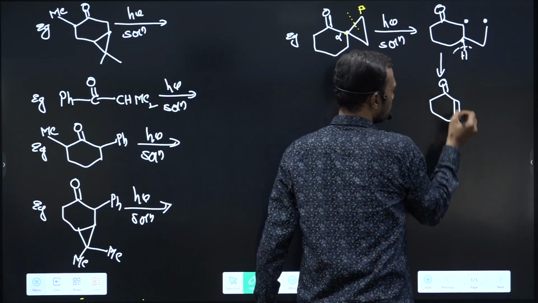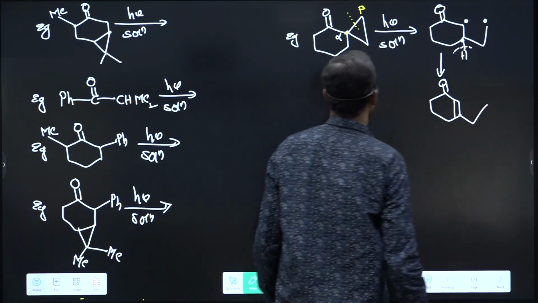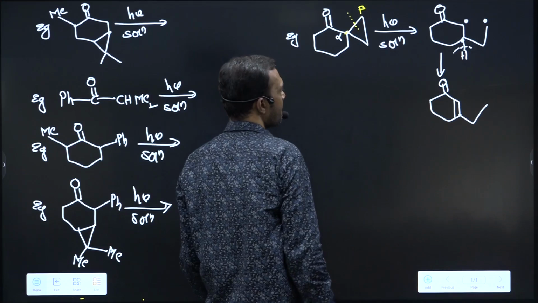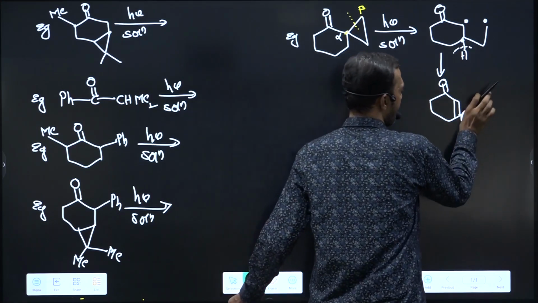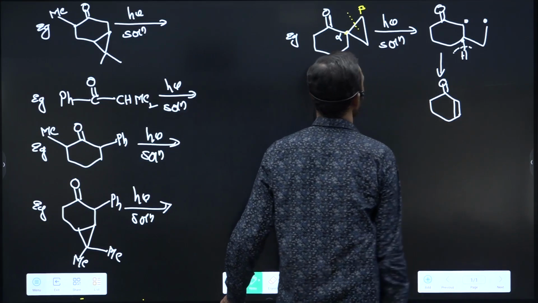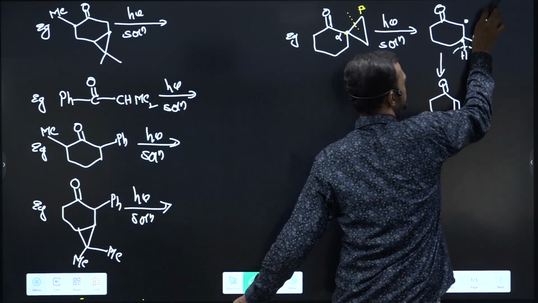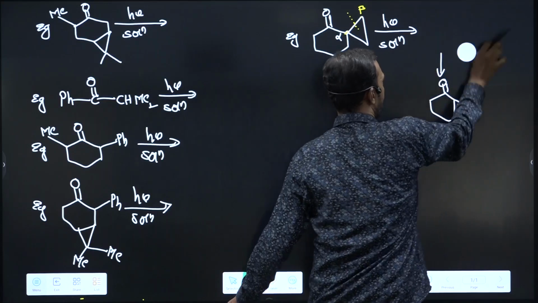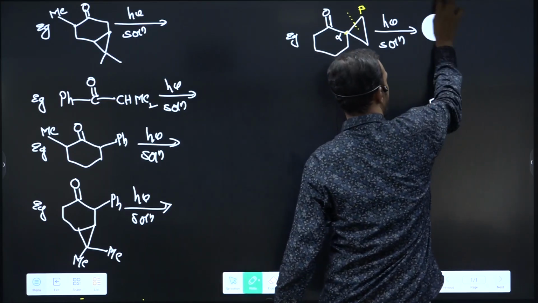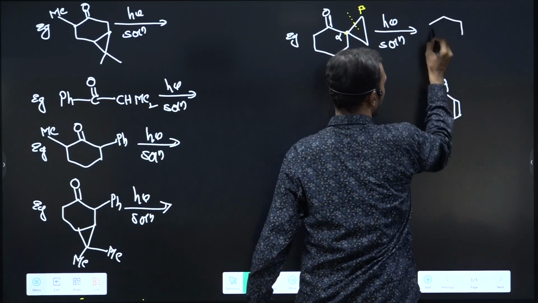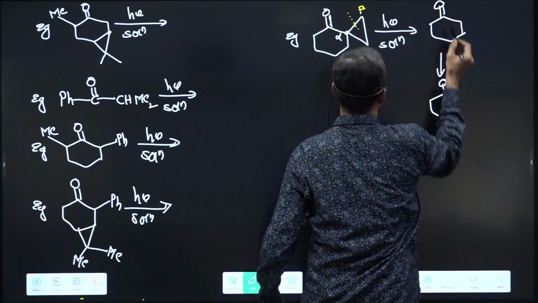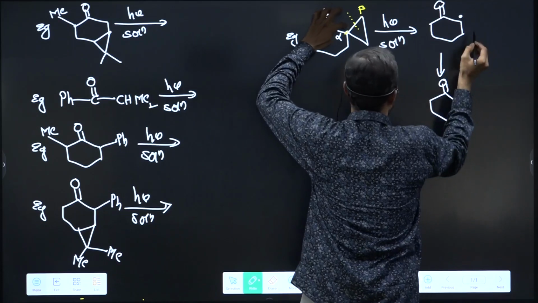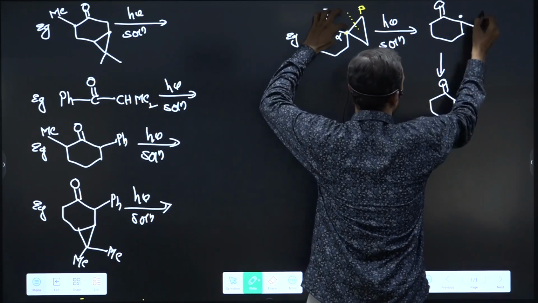So this is a double bond and here you may get this. See, if I break here, you will get one radical, and here you may get 1, 2 like this, right?